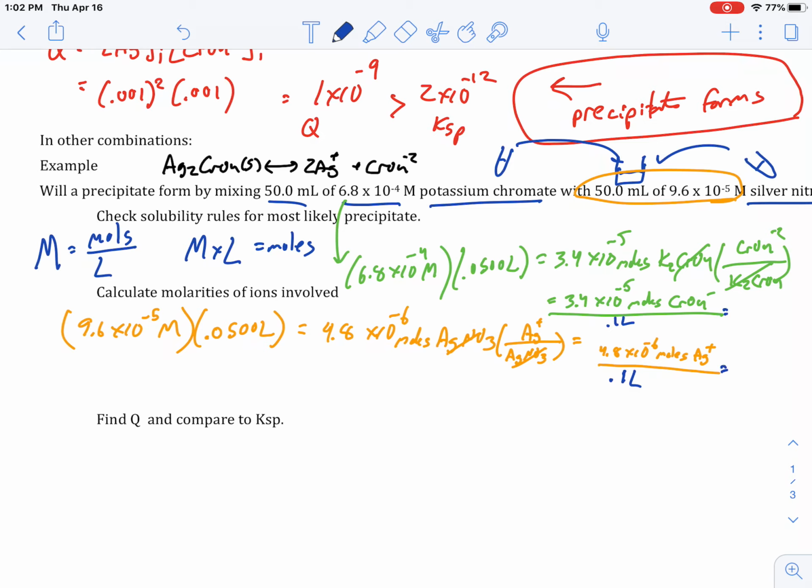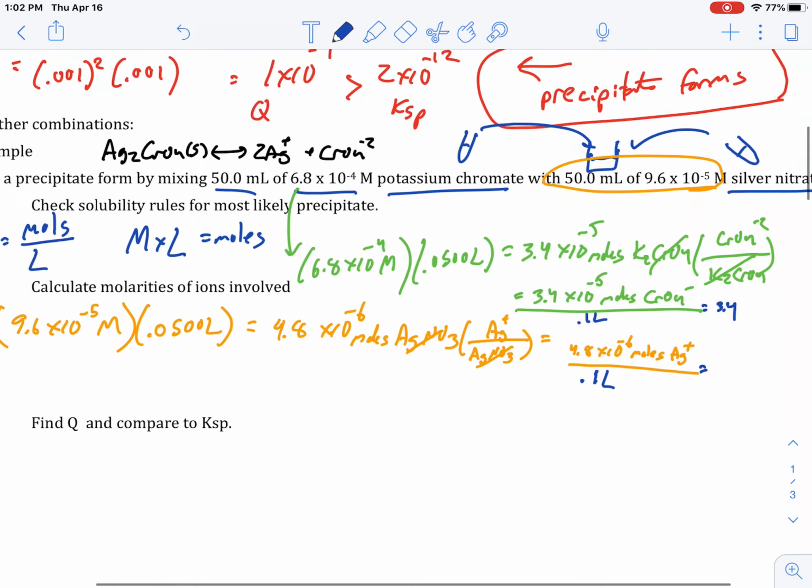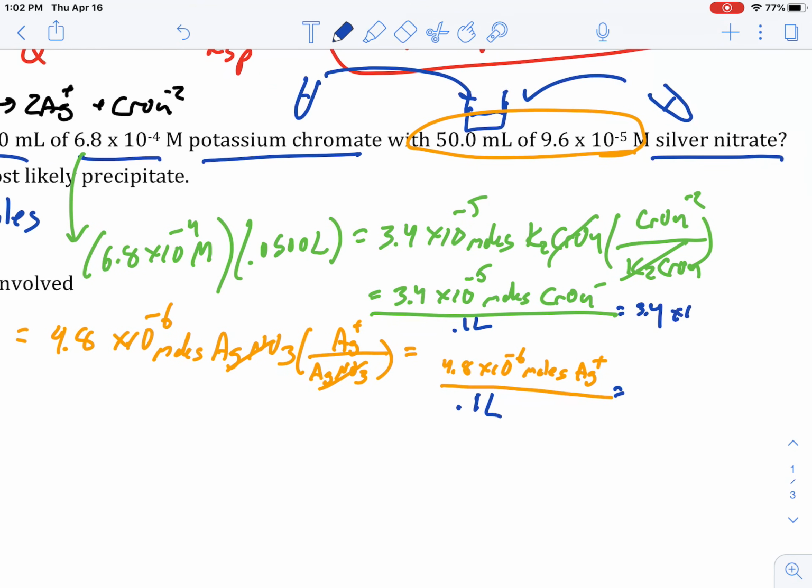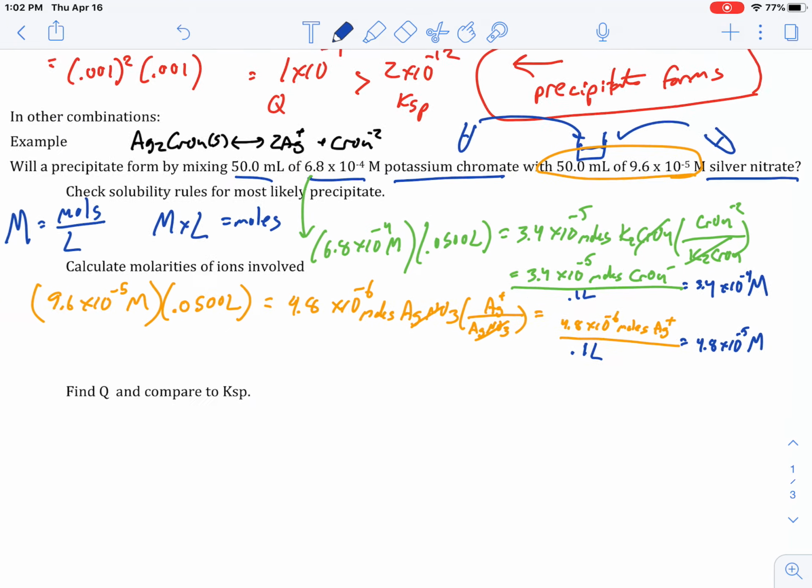What that turns out to be is 3.4 times 10 to the negative 4th molar for the chromate, 4.8 times 10 to the minus 5th molar for the silver.